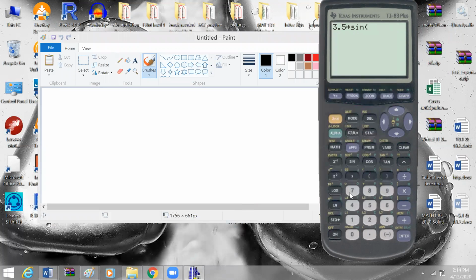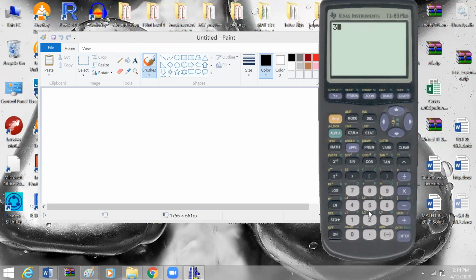Remember that we need to convert them to radians by multiplying by pi, so let me double check if the calculator is in radians or degrees. Let me convert it to degrees and see how it works.